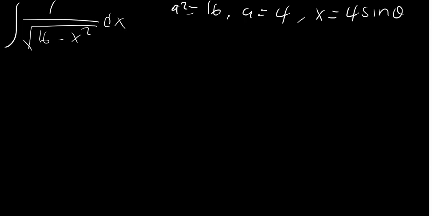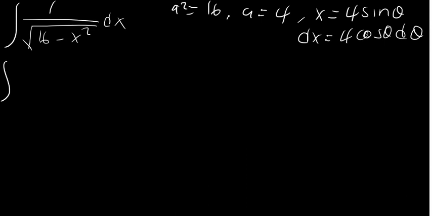Now let's differentiate this, the same formula which we have. What is dx? The derivative of sine is cos. So dx is going to be 4 cos theta d theta, because we are differentiating in terms of theta. Now let's start plugging in the values.